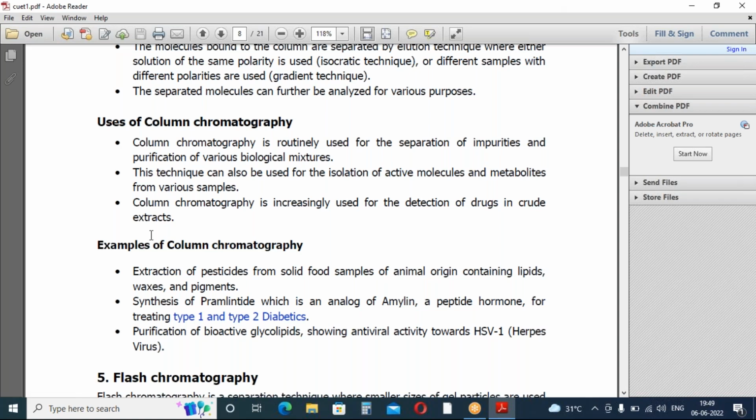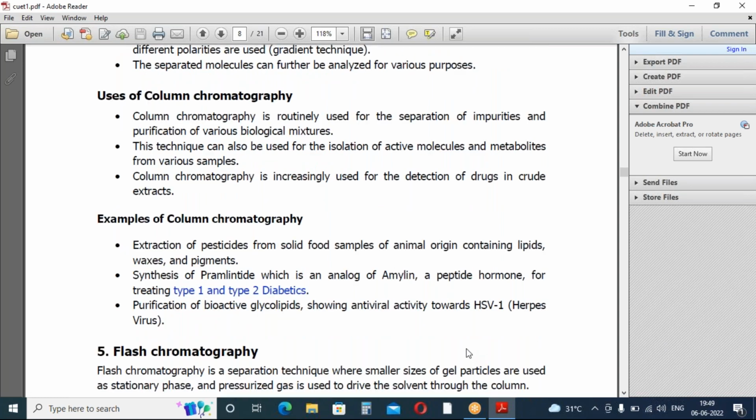These are some of the examples of column chromatography. It is mainly used for analysis, purification, and also separation purposes.